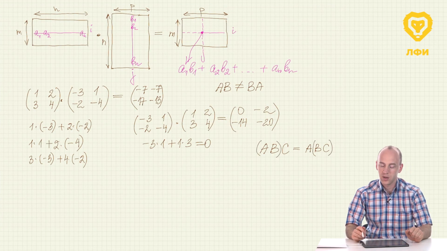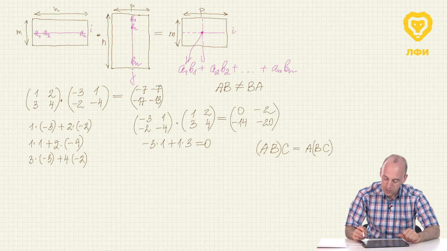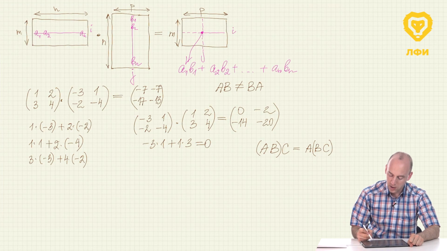So there is associativity for matrix product, meaning that if we're given a product of 3 matrices, A, B, C, we can first multiply A by B, and after that multiply the result by C. Or alternatively, we can first multiply B by C, and after that the result of this multiplication can be multiplied by A.